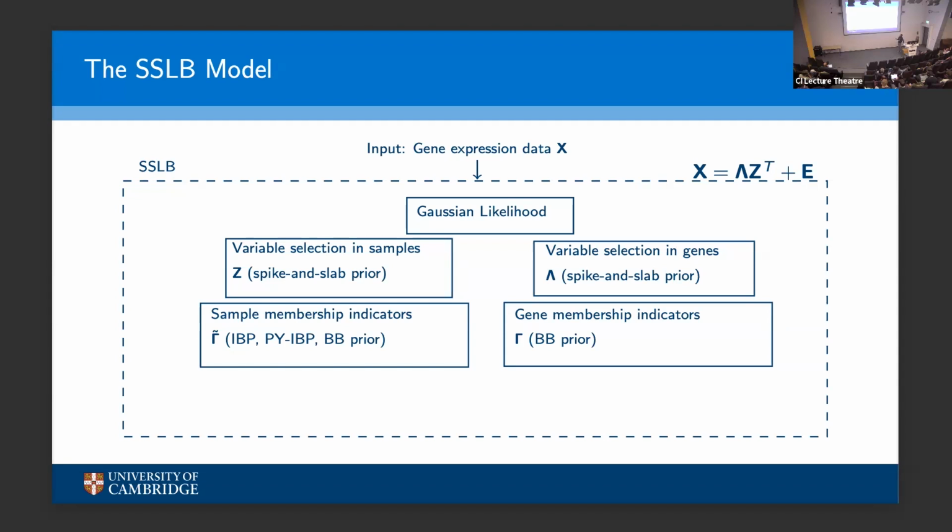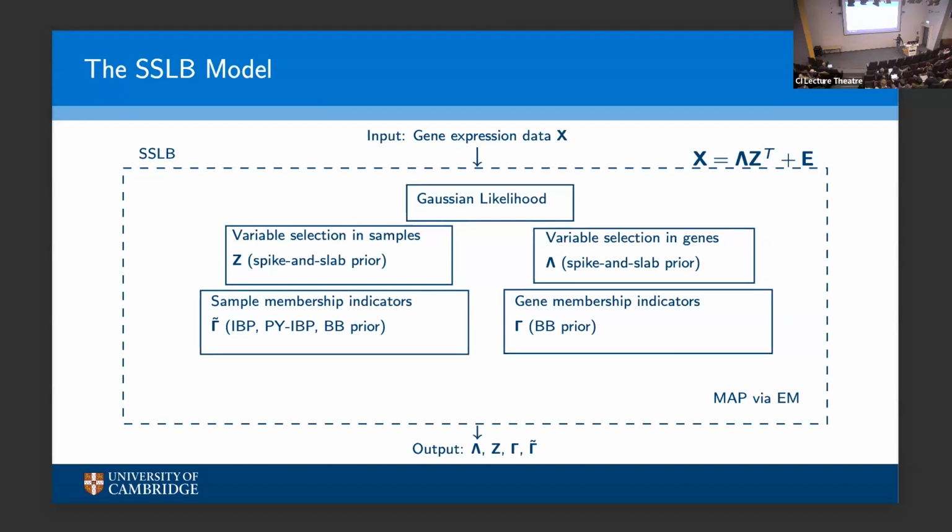And then also there are sample membership indicators, some binary matrices, gamma tilde and gamma, with their corresponding priors to estimate these latent structures. What is done is a maximum a posteriori estimate via an expectation maximization approach, and the outputs are the latent structures that we are interested in, estimated for downstream analysis.